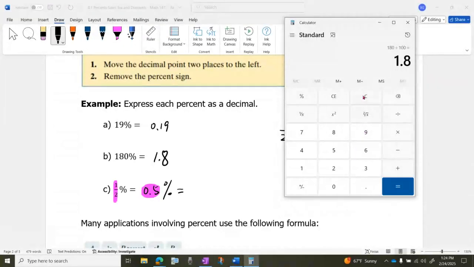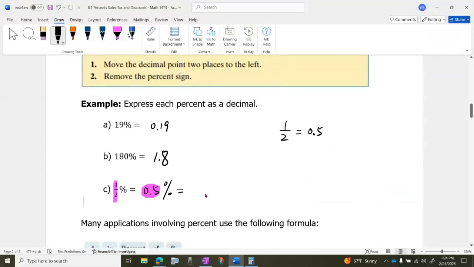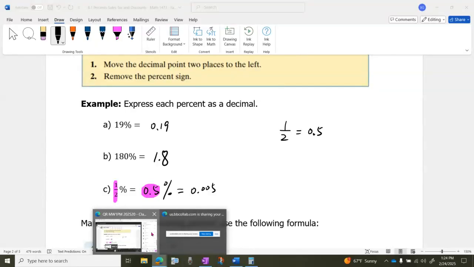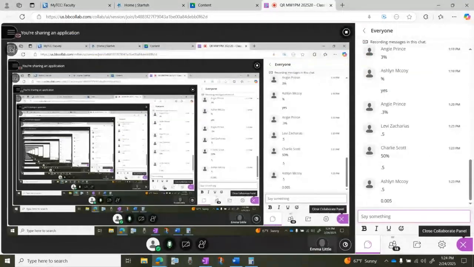Now I have 0.5 percent, per means divided by, cent means 100. That's the answer, guys, okay? 0.005 is the answer. Half percent. You might need that in real life.